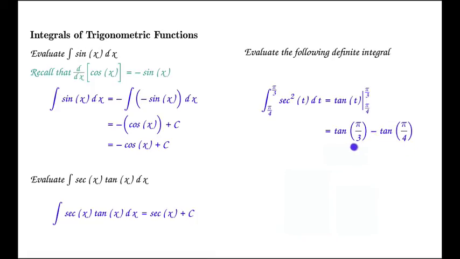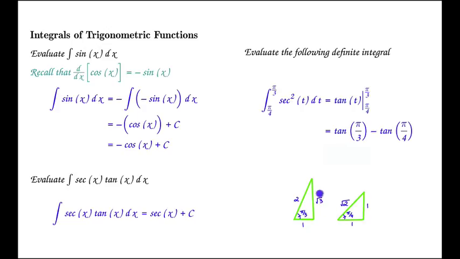Now we still need to replace these trig functions with their actual values. So let's draw our triangles. Our pi over 3 triangle has an adjacent side of 1, an opposite side of root 3, and a hypotenuse of 2. While our pi over 4 triangle has adjacent and opposite sides with length 1 and hypotenuse of root 2.